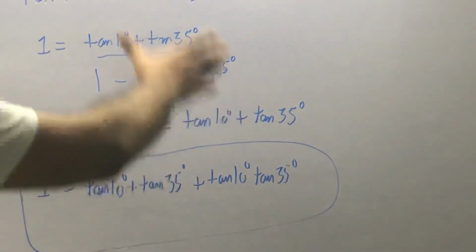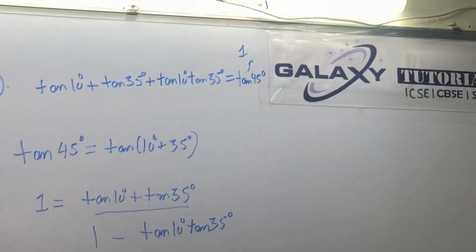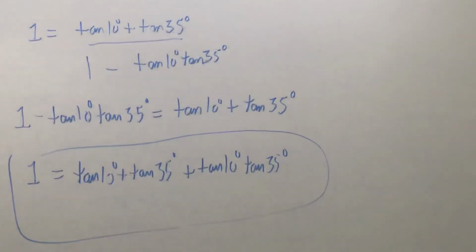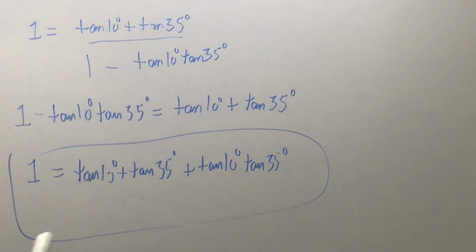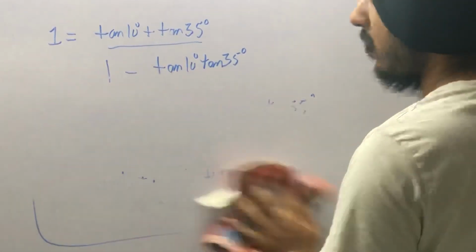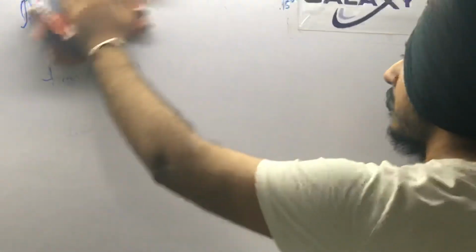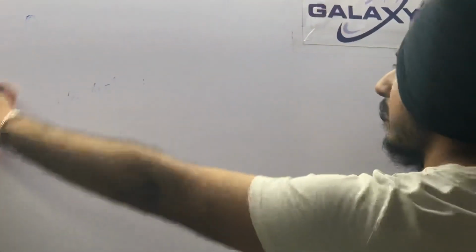So this is your answer. This is what we had to prove in the beginning, and hence proved. Okay, this was the question and we have proved this. See, all these tan questions we have seen follow the same pattern, only the numbers are different. Okay, let's go forward.